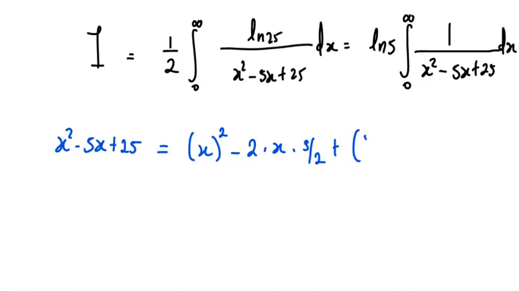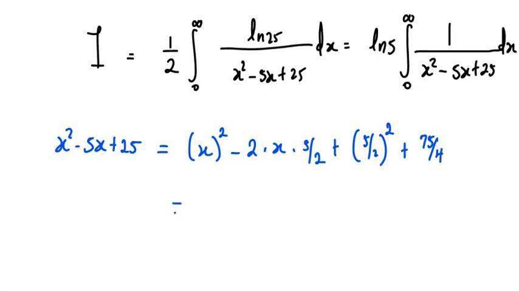Then we're going to add the square of 5 over 2. If you add the square of 5 over 2, to complete that 25, we're going to have to add 75 over 4.